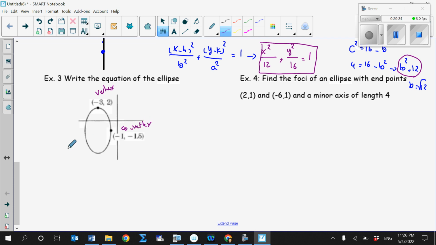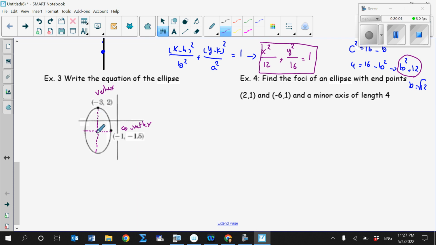Now, this means if I draw a straight line here and a straight line in this way, where these 2 lines cross each other, that's going to be the center of this ellipse. So how do I find this point? Look at the line that we have here. All the points on this line have the same x, which is -3, because they're aligned on the same vertical line.